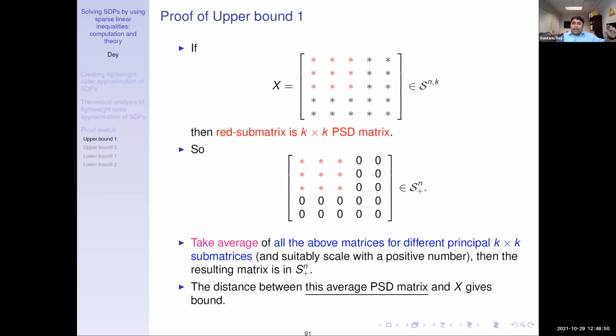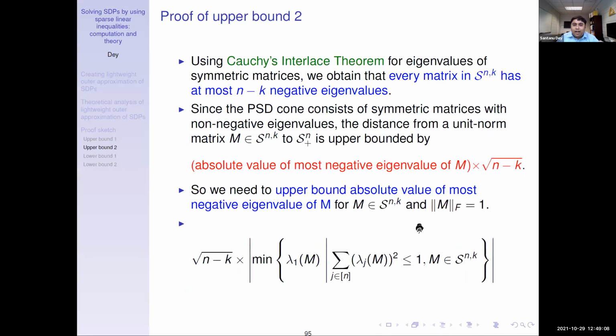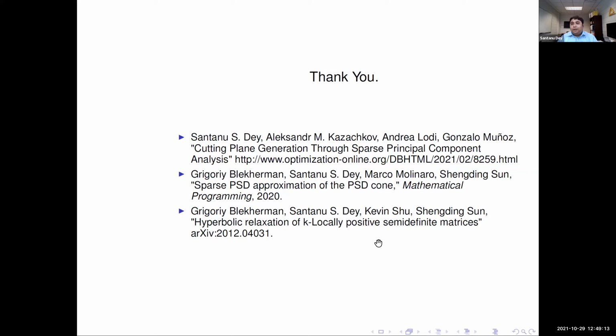And because of that, you can actually compute the Frobenius norm. You take the difference of the matrices and compute the Frobenius norm explicitly, and it turns out to be this quantity. I think this is a good place for me to stop. I will run through all of this, and thank you very much.